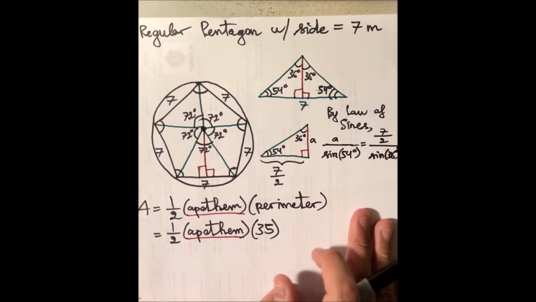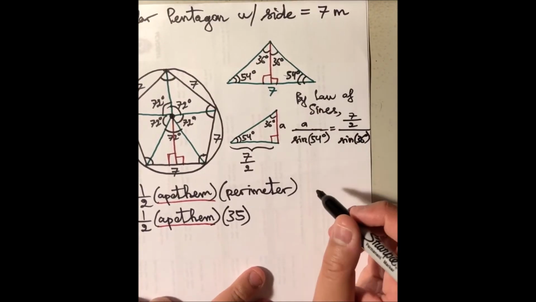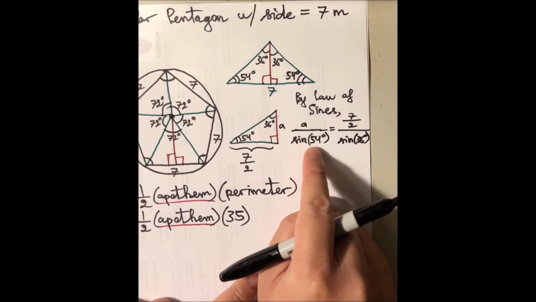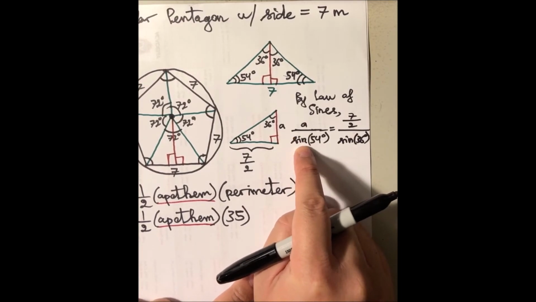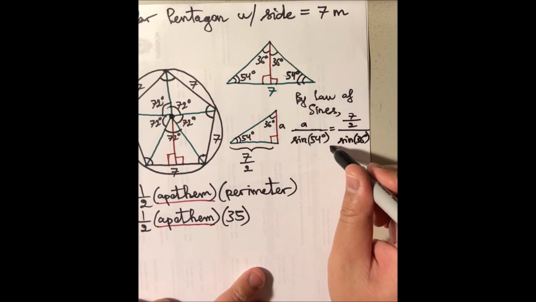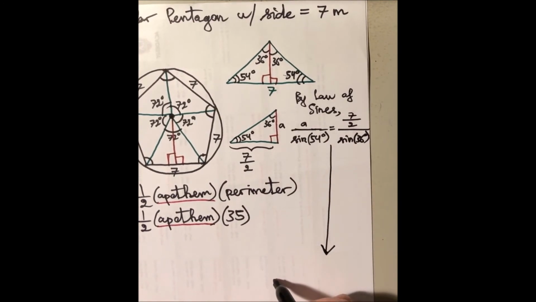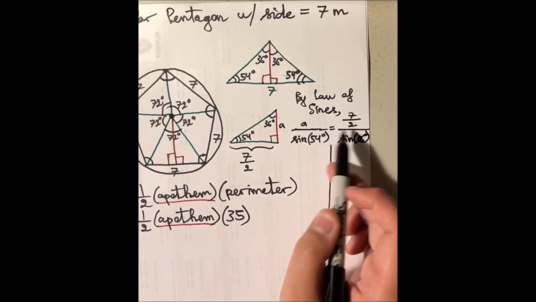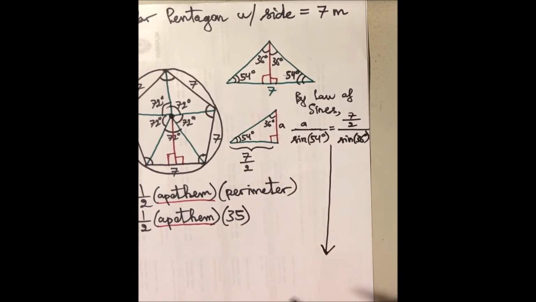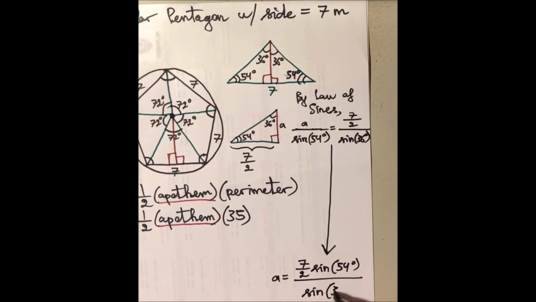And I can go ahead and solve for the apothem right away. I can do that by multiplying both sides by sine of 54, so that A can be by itself. So let me go ahead and write the math down here. By multiplying both sides by sine of 54 to get the apothem, lowercase a, by itself, I got a equal to 7/2 multiplied by sine of 54 degrees divided by sine of 36 degrees.